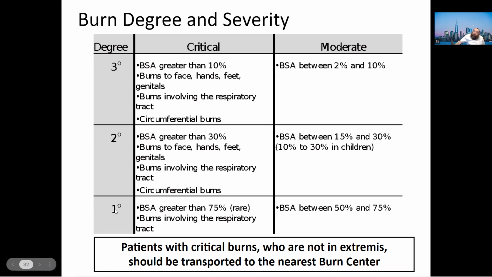So for a first degree burn to be critical, we're looking at 75%. And it's rare that it happens. Why?